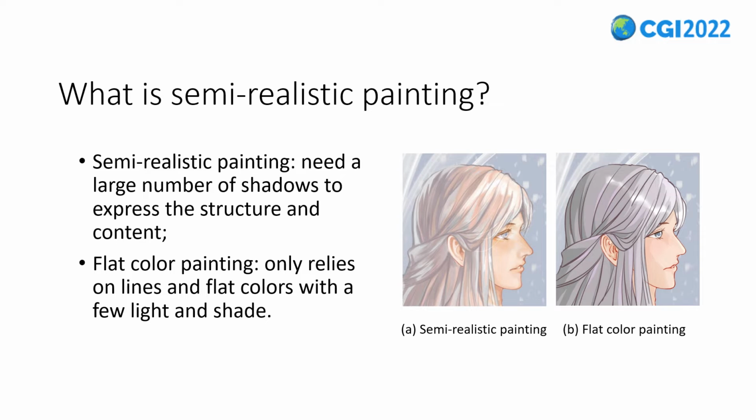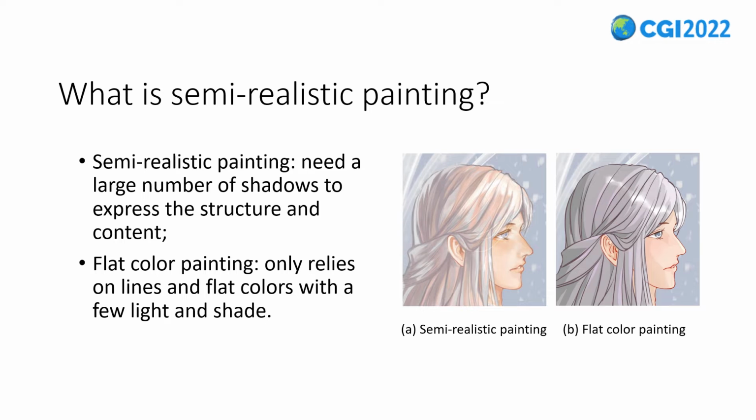Before everything starts, I want to introduce what semi-realistic painting is. We know that in animation, video games, and films, there are lots of 2D paintings needed, such as illustrations or game concept arts. At present, there are two main styles of 2D paintings: semi-realistic painting and flat color painting.